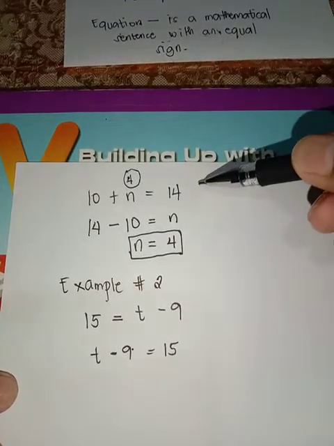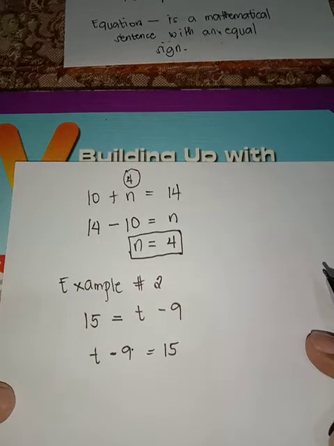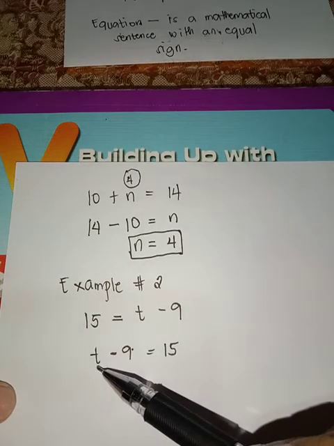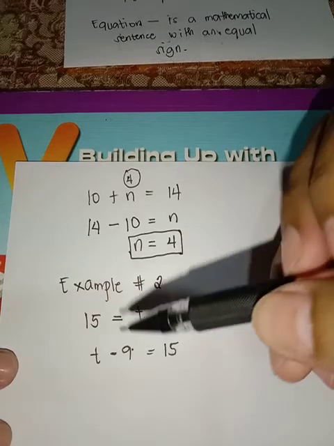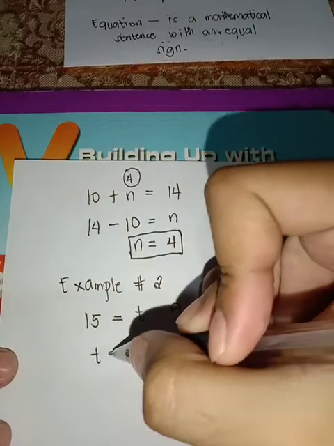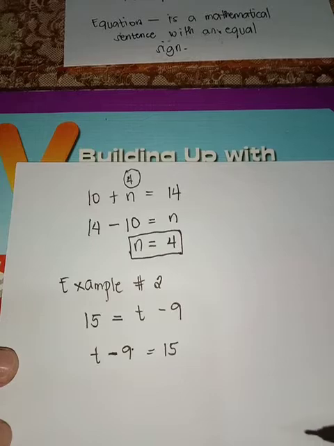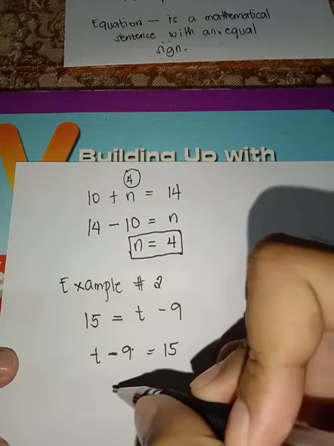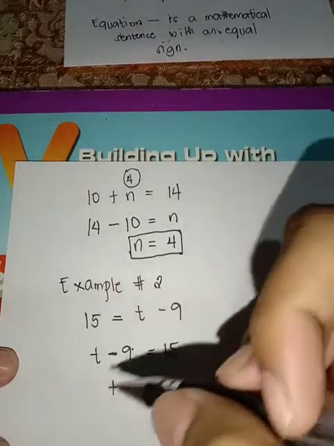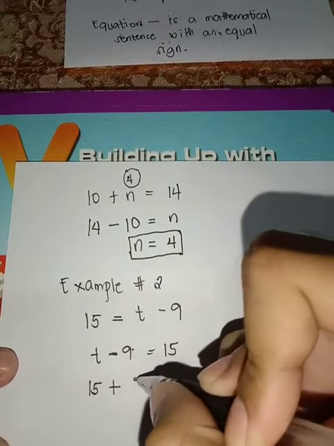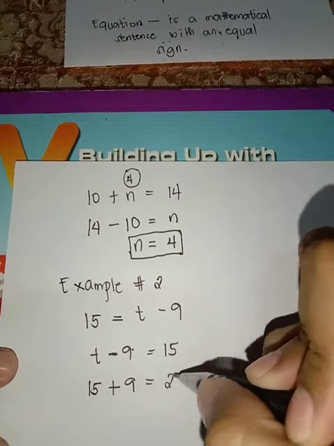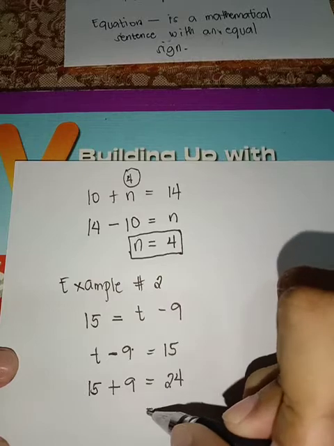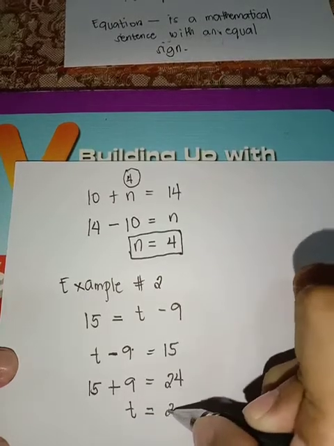So parang katulad dito sa number 1 example, wherein ang hahanapin natin or the missing number here is yung letter t. To solve this equation, we will use the inverse operation. So if subtraction yung ginamit dito na operation, therefore gagamit tayo ng addition. So 15 plus 9, we have 24. Therefore, t is equals to 24.